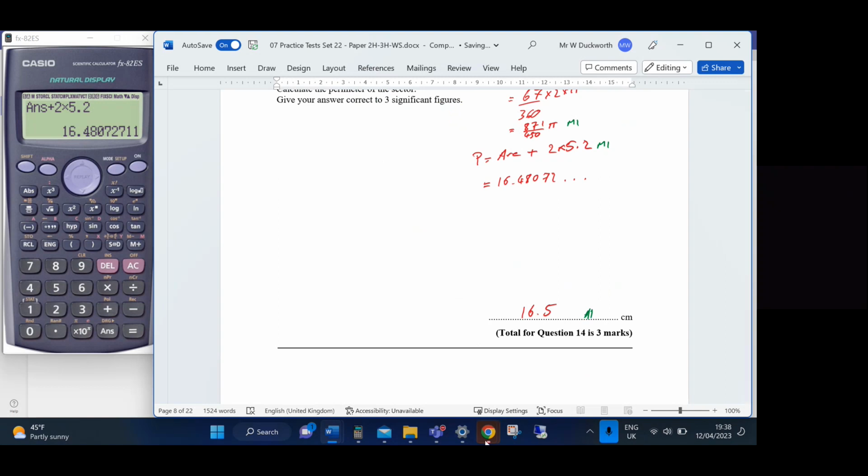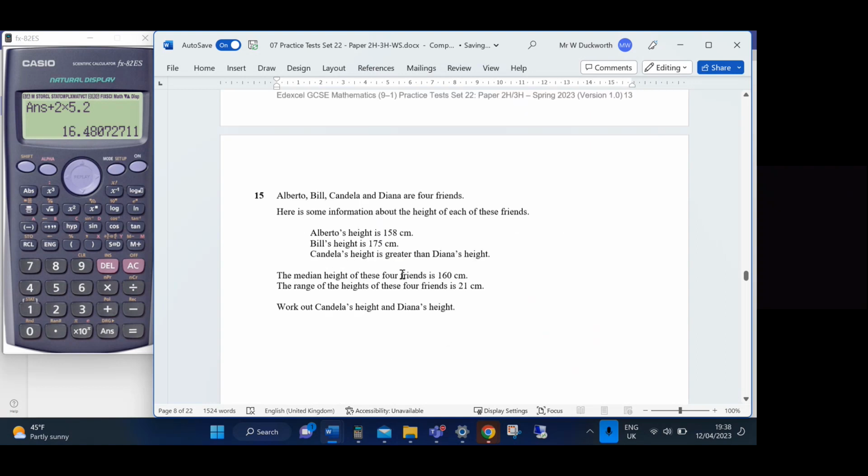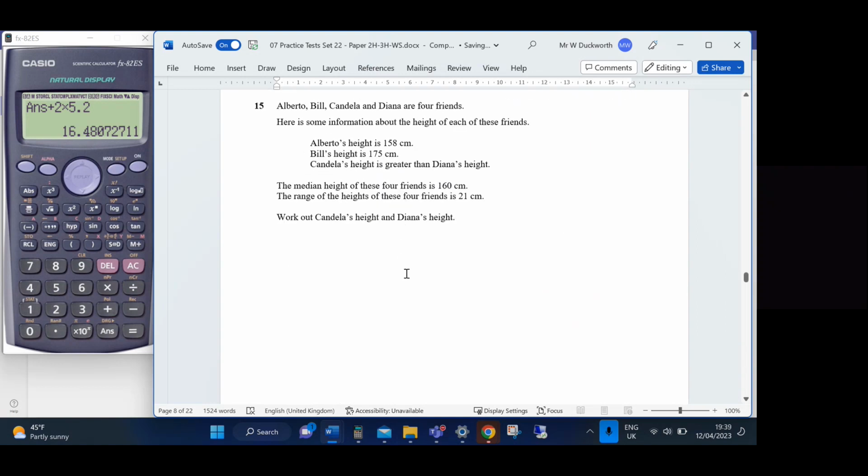Right. Question 15 then. Alberto, Bill, Candela and Diana are 4 friends. Here is some information about the height of each friend. So I'm going to take some of this down as I go. I'm going to go A, B, C, D, just so I can start extracting some of the information as I'm reading it. Alberto's height is 158. Bill's height is 175.